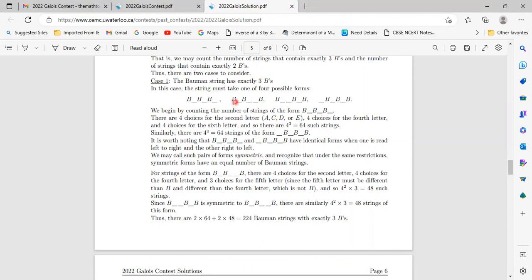We can also have B empty, B empty, empty, B. B empty, empty, B empty, B. I hope you are able to follow it. I think the first one and the last one are pretty much the same, just vice versa. So you do have these options.